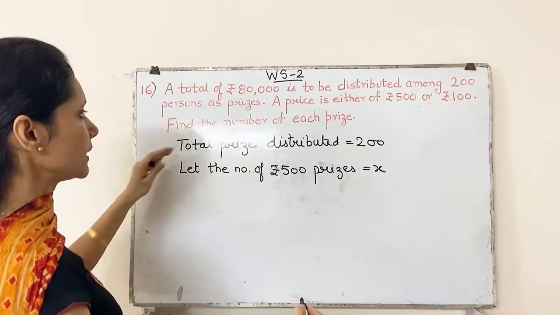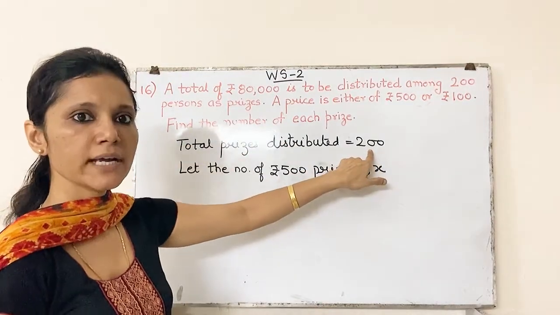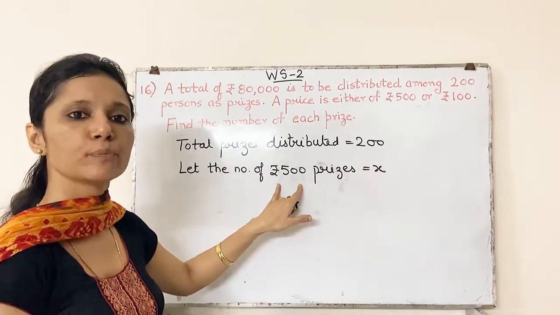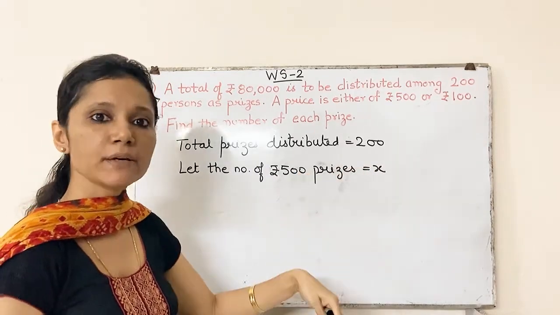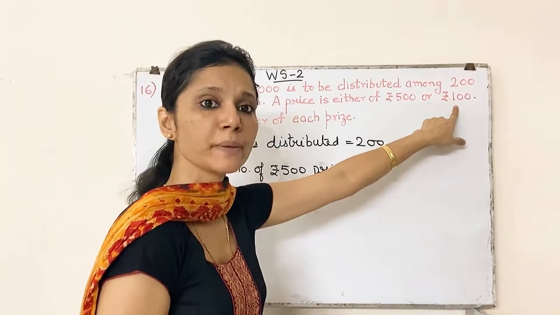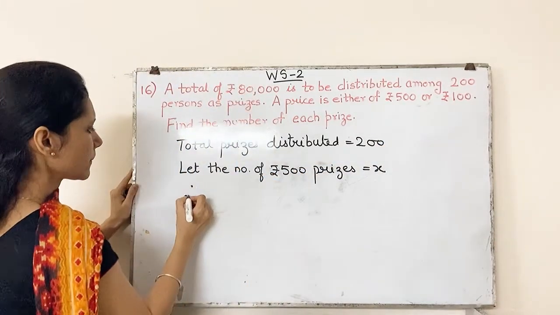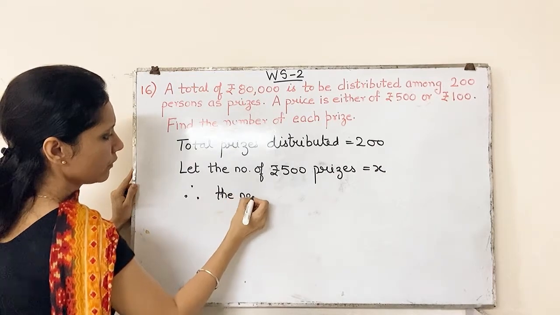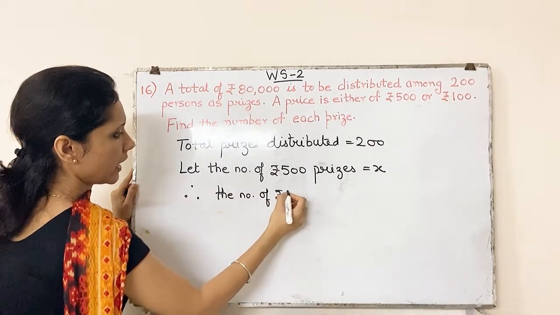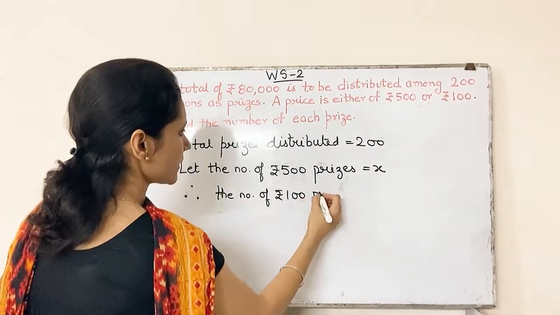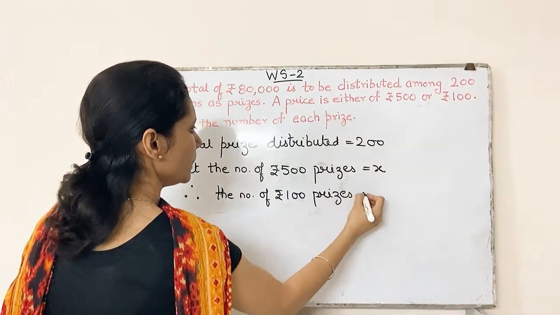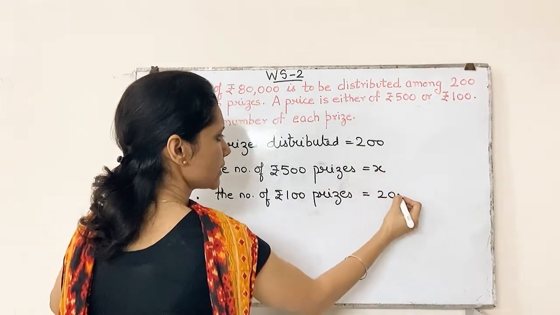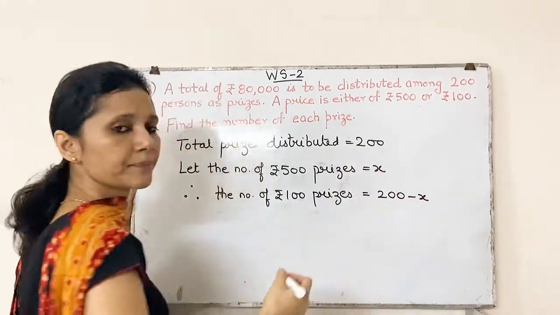Now we know that the total prizes are 200 and out of these x are the number of 500 rupee prizes. That means the remaining would be the number of 100 rupee prizes. So therefore the number of 100 rupee prizes would be equal to total minus x, that is 200 minus x.